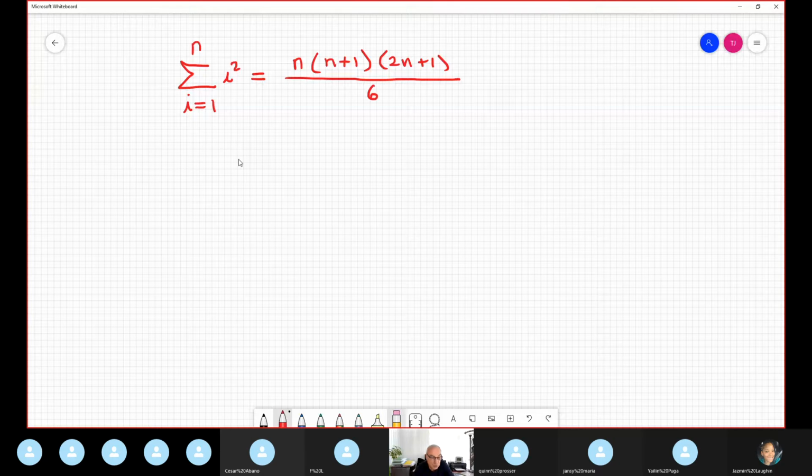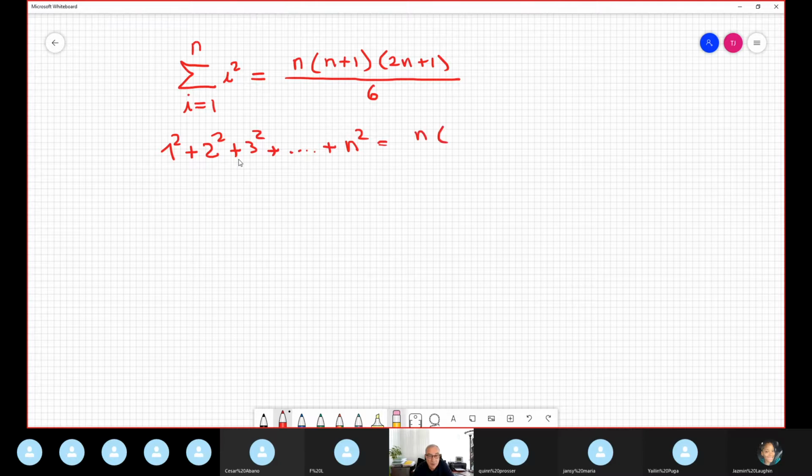In conclusion, I use summation notation, but actually this is 1 squared plus 2 squared plus 3 squared plus up to m squared, equal to m times (m plus 1) times (2m plus 1) divided by 6.